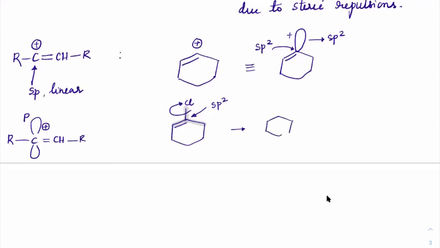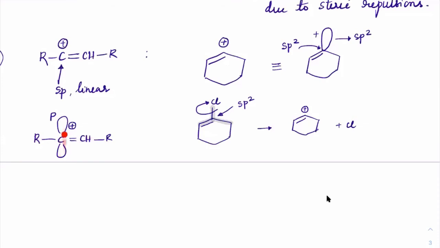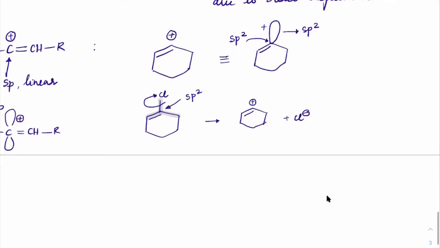The minute it forms a carbocation, we expect it should convert into sp and the empty orbital should convert into a pure p orbital. But because of the ring strain, because it is already in a ring form, it cannot come linear. Since it cannot form linear, that orbital will always remain a hybridized orbital, empty but hybridized.